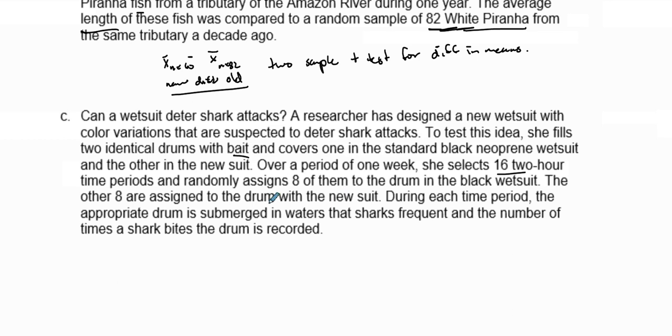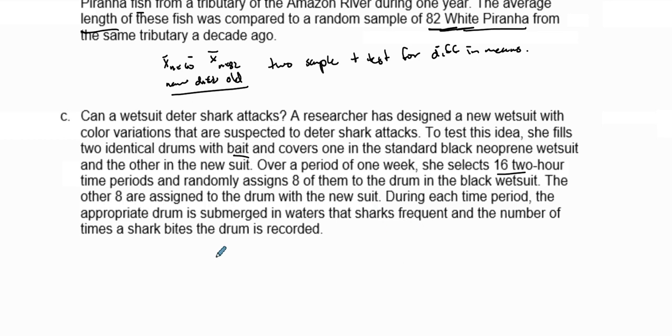And so when we're looking at this one, what we have is we are going to be testing several different time periods. So they are randomly assigned 8 of them to the drums in black suit, then the other 8 are assigned to the drums with the new suit. During each time period, the appropriate drum is submerged in the water the sharks frequent.